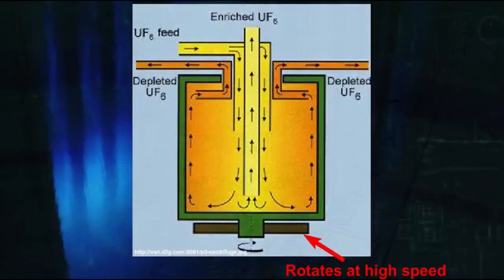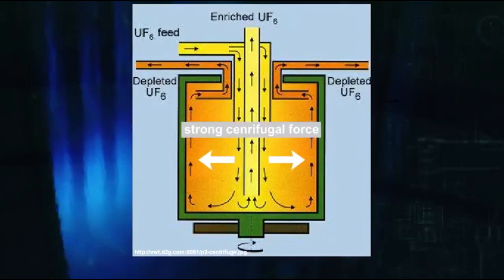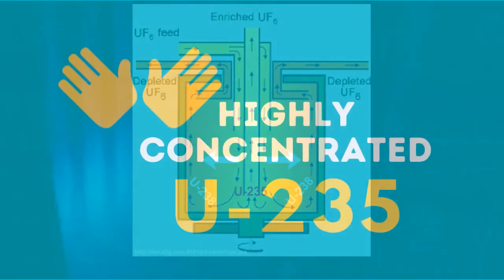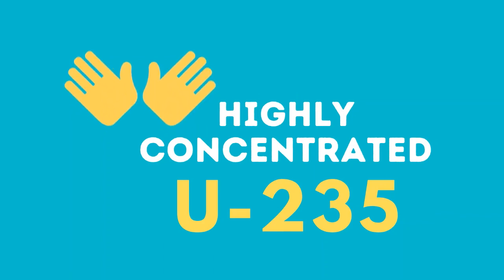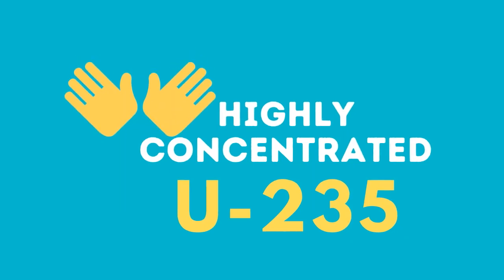This is the second important separation process, which we will elaborate more on later. By the end of this process, we have produced highly concentrated uranium-235 for energy or weapons use.